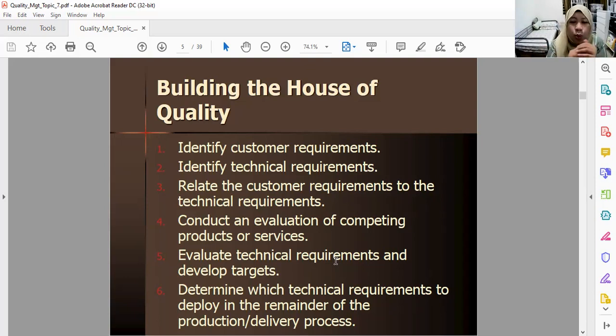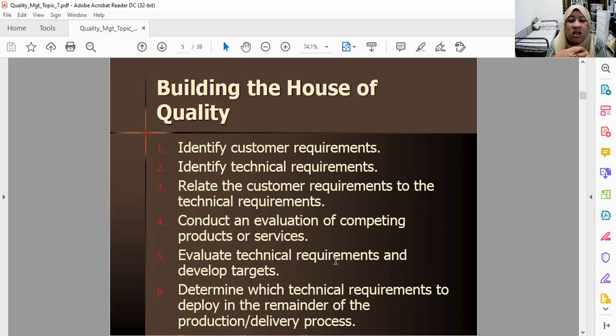We go through several requirements to determine which is actually the best, whether method A, method B, method C, or a combination, and then determine which technical requirement to deploy in the remainder of the production or delivery process.